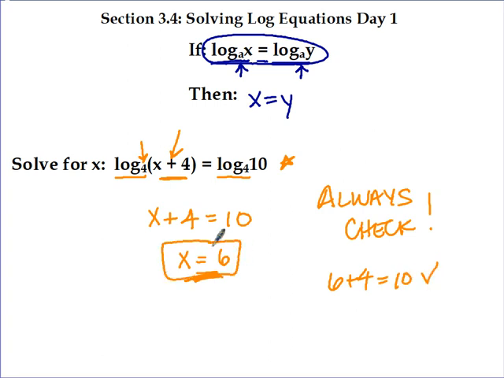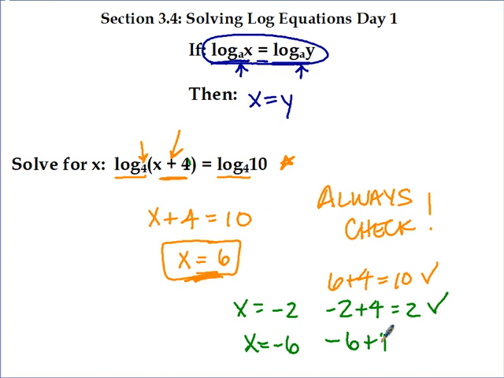So let's just say, for argument's sake, if our answer was x equals negative 2, well, when I plug it in, I get positive 2. That's still okay. Again, it's not that x cannot be negative, it's that that whole argument cannot be negative. So if I add negative 6, then that answer is not going to be okay.